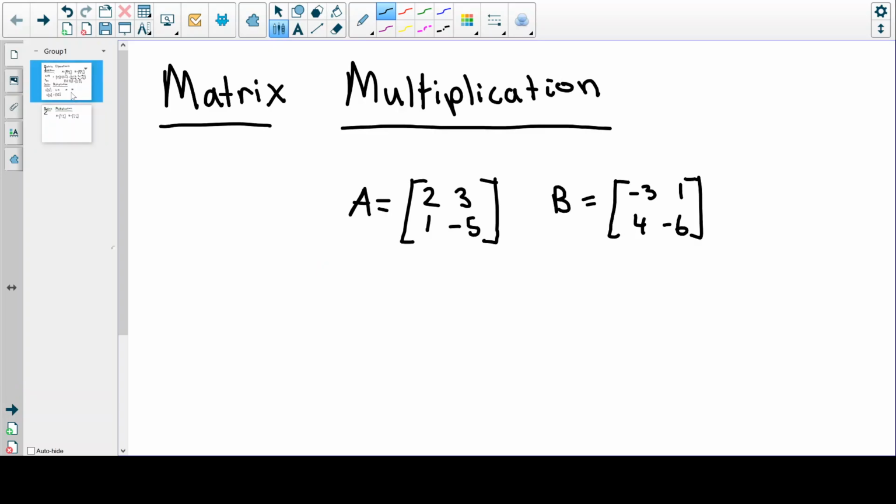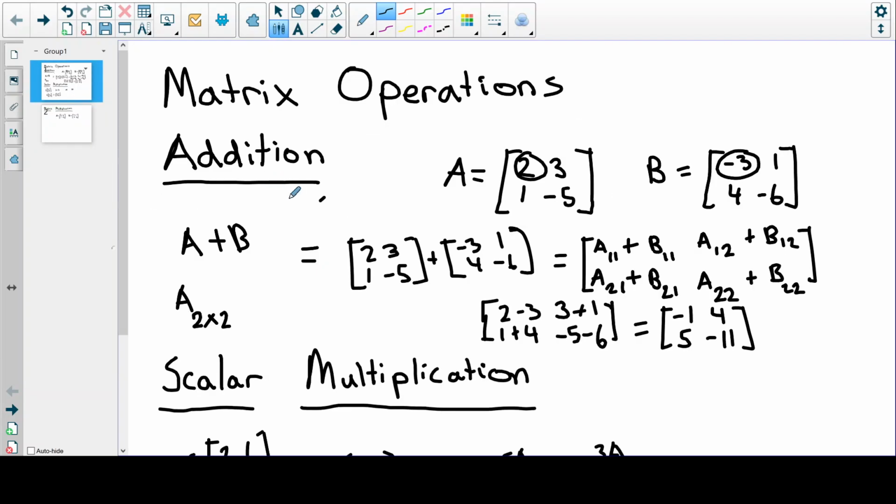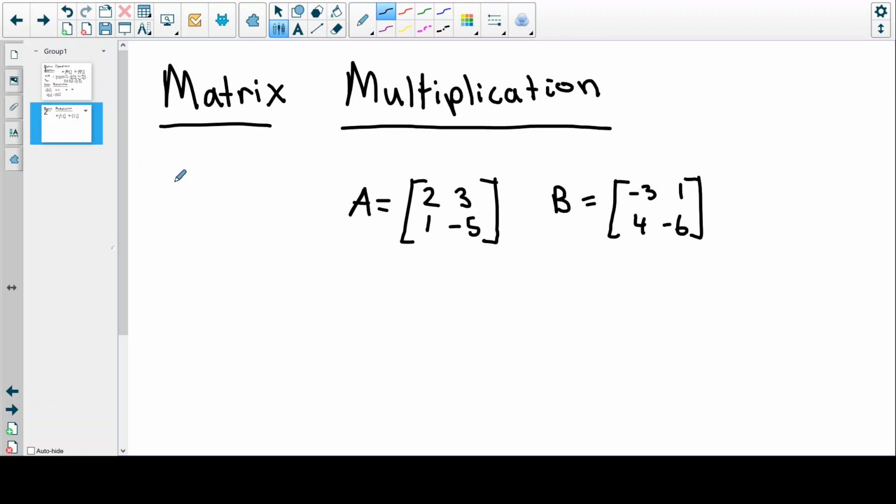Also, I want to cover real quick before we move on that addition has the same concept in subtraction, except that you're subtracting the terms instead of adding. So these would be minus signs, but it's the same concept. But you'll see here that there's no division of matrices. So it's only multiplication, addition, and subtraction.